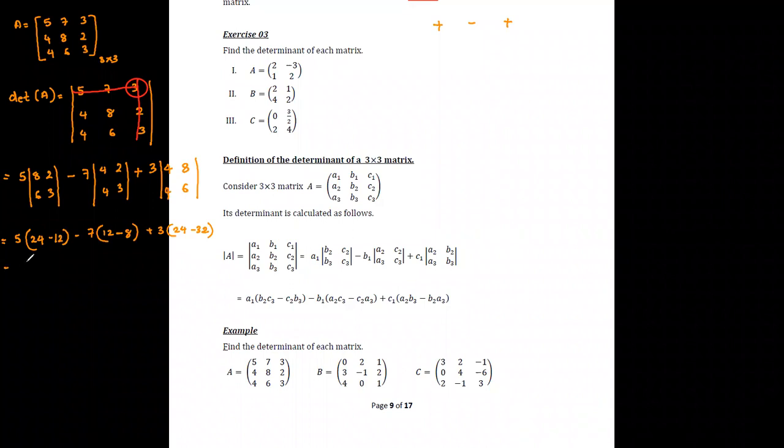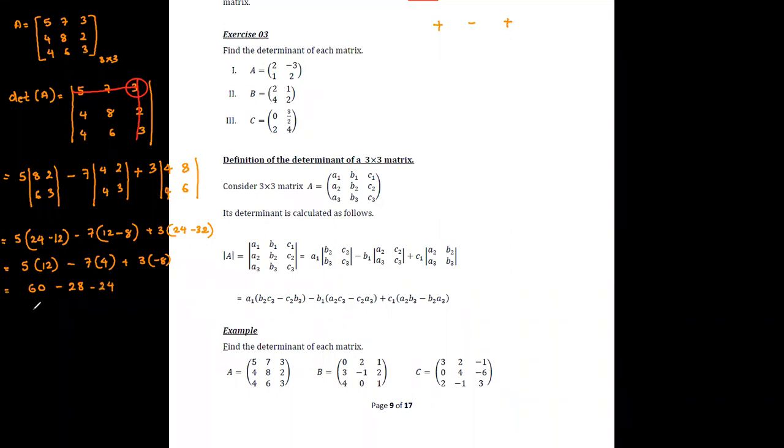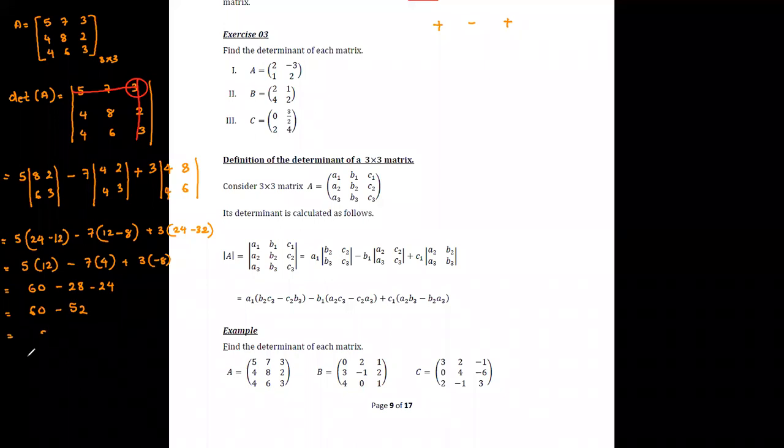Then this is equal to 5 times 12 minus 7 times 4 plus 3 times minus 6. This would be equal to 60 minus 28 minus 20. 60 minus 52, the value will be equal to 8.